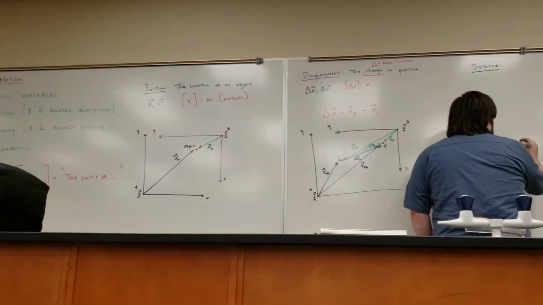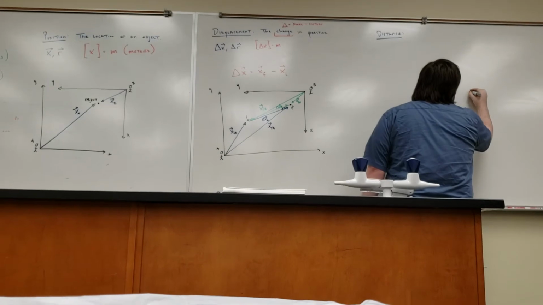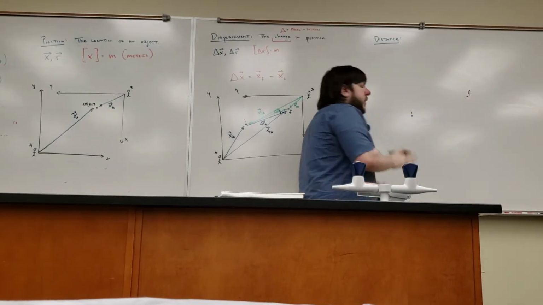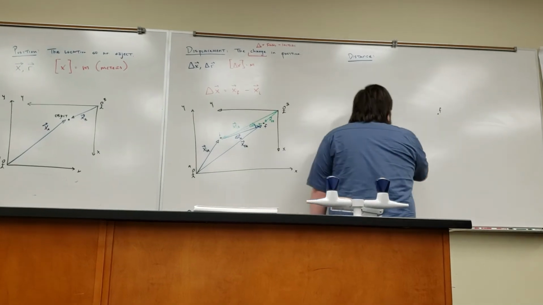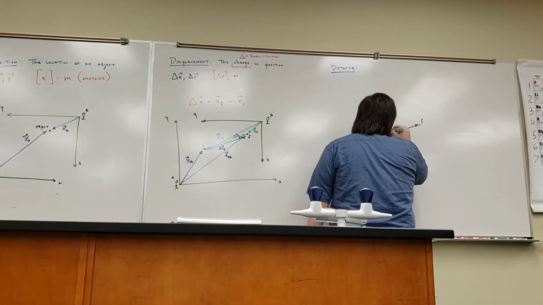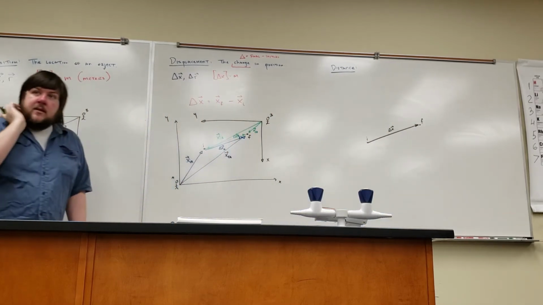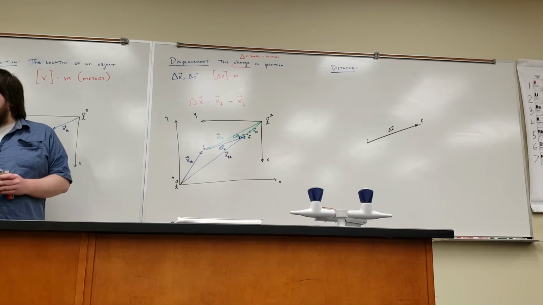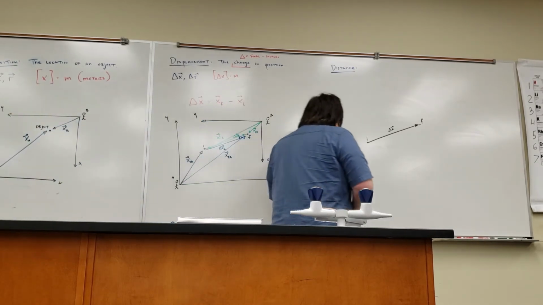Okay? Distance you do. For distance, you do need to know the path. So if this is the initial point, and this is the final point, regardless of how an object gets from initial to final, the displacement is always the vector drawn straight from the initial to the final point. Displacement does not depend upon the path taken. Distance will depend upon the path taken. Okay?